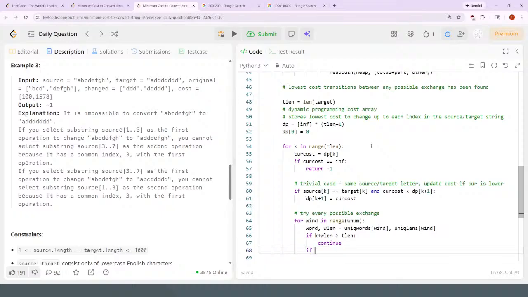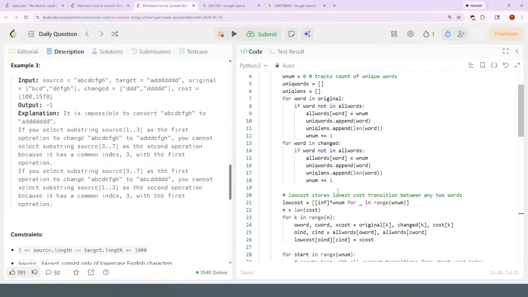So what I should do is I should probably be pulling a substring from the source string at lengths that are possible to be exchanged, and then compare that with the stuff that is in the dictionary.